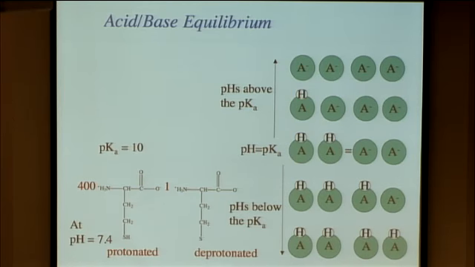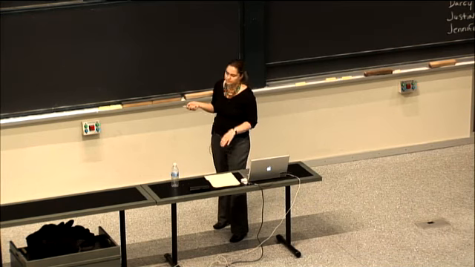And in the particular example I gave, we have a pKa of 10. So at 7.4, we're at a pH that is below the pKa, and so here there'd be more protonated. If you do the math, it's 400 to 1. But even if you aren't doing any math, you should think about the fact that you would have more of the protonated form than the deprotonated form.